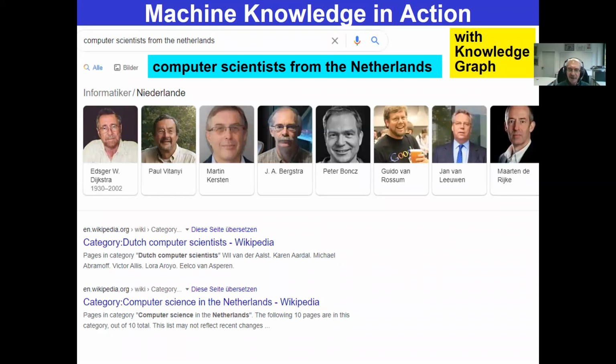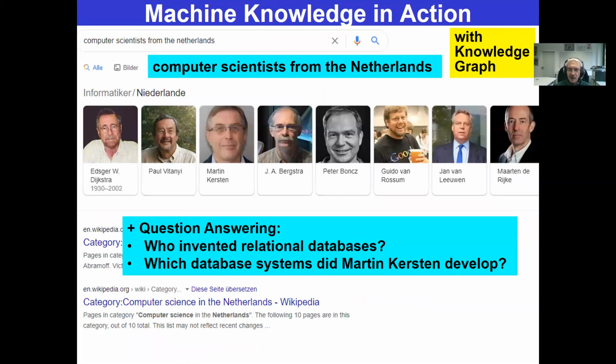We can do this with searching about a given entity, or we paraphrase a set of entities, like giving the description of a semantic class, and again, good results. And we can go even further. Full-fledged question answering is supported as well by search engines and also by speech-based assistants on your favorite smartphone.